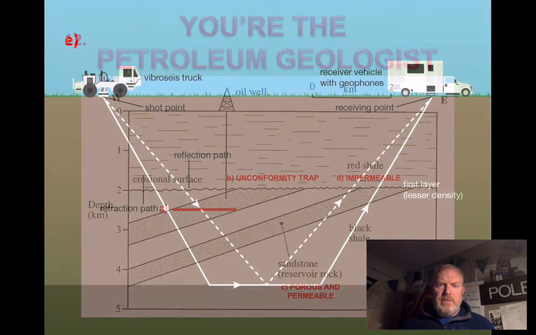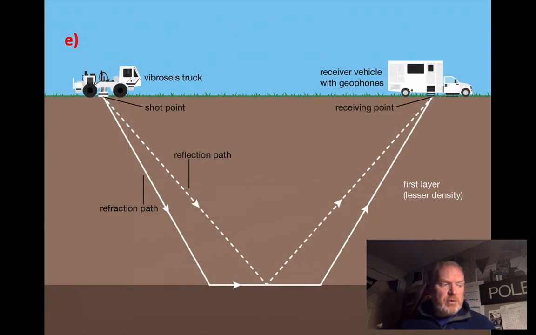Question E then asks about a seismic survey. Now, a seismic survey is a way of seeing the geological structure beneath the ground. This diagram shows us a land survey where you've got a truck there creating seismic waves, hitting the ground with a large weight, triggering a small earthquake, a measurable seismic shock rather than anything you can feel.